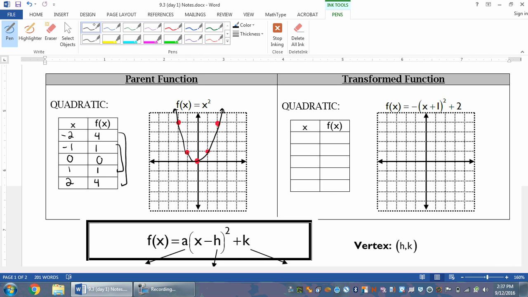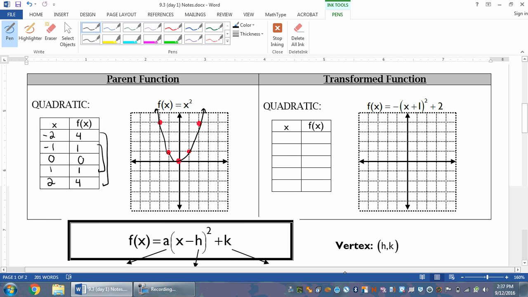Okay, so again, what we're going to do is graph our transformation. Here I'm going to tell you, remember the vertex x-value is going to be negative 1 because it's the opposite of the first value. Then just put in the same value for the second. So again, 2 smaller, 2 bigger. And go ahead and substitute those values into your calculator to figure out what the y values are. Do not forget about that negative.